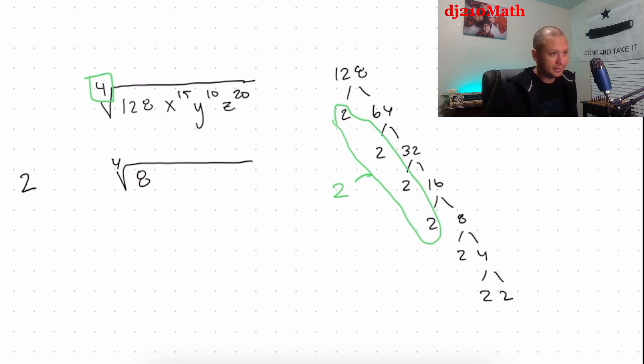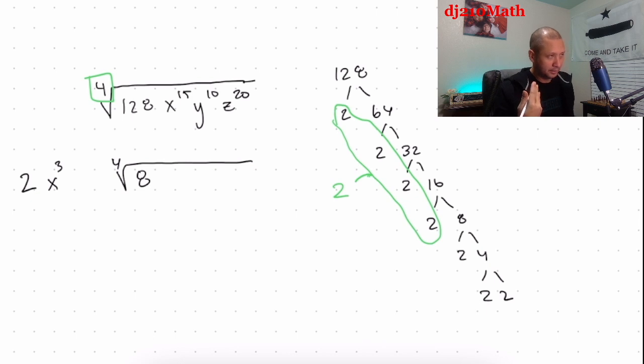Okay, x to the 15th power. So we could write out 15 x's and circle every set of 4. Or if we divide 15 by 4 and just look at the whole number part. So 4 goes into 15 3 times, right? Because 4 times 3 is 12. So x will come out with an exponent of 3.